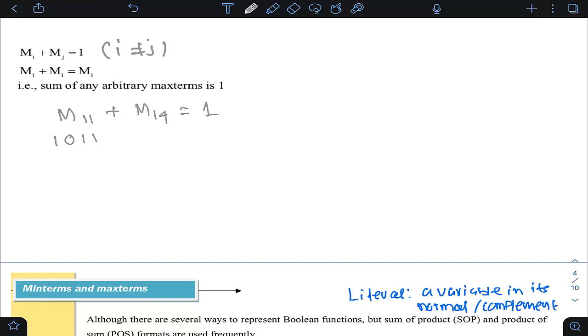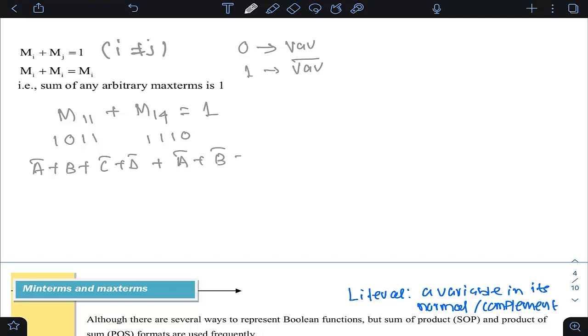What is 14? 14 is 8, 4, 2, that is 1, 1, 1, 0. In a maxterm, 0 is taken as the variable, 1 is taken as the variable complement. Written with respect to ABCD: A bar plus B plus C bar plus D bar, this is maxterm 11, plus 1, 1, 1, 0, that is A bar plus B bar plus C bar plus D.